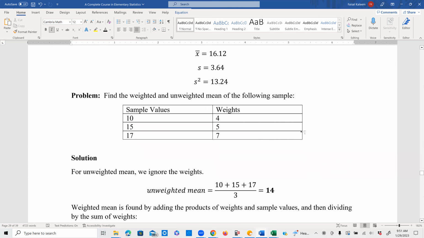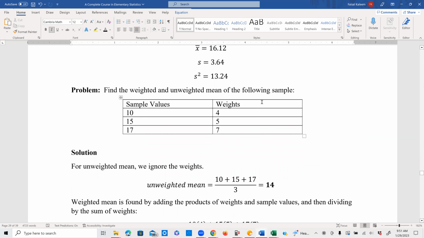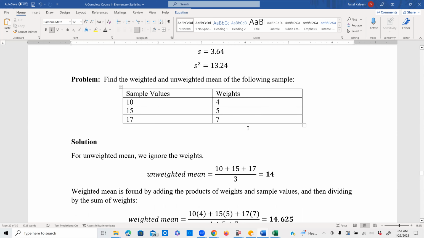This is done as follows. Find the weighted and unweighted mean. For the unweighted mean, you ignore the weights and just consider the values. So the unweighted mean will just be 10 plus 15 plus 17 divided by 3, and that's 14. The weighted mean can be done on the calculator as explained in the video, but you can also do it by multiplying the values with the weights and adding up the results.